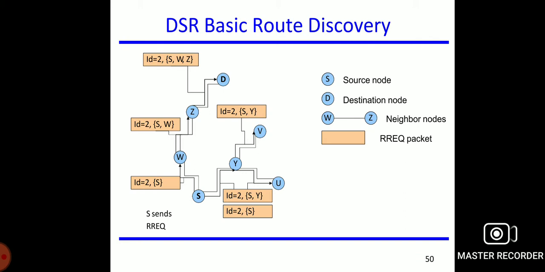In protocols that require bidirectional links, like 802.11, the reversed route list of the packet can be used in order to avoid the second route discovery.